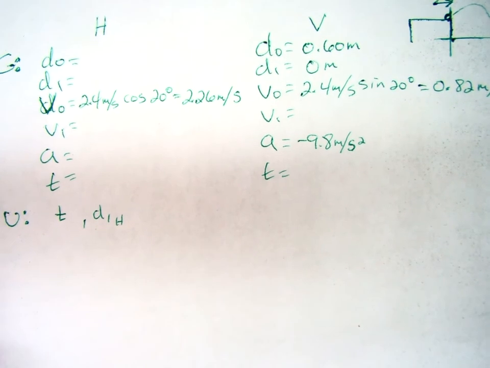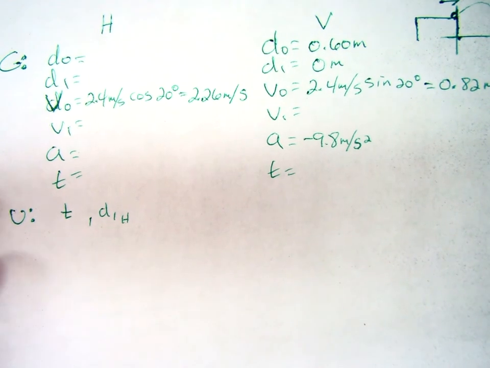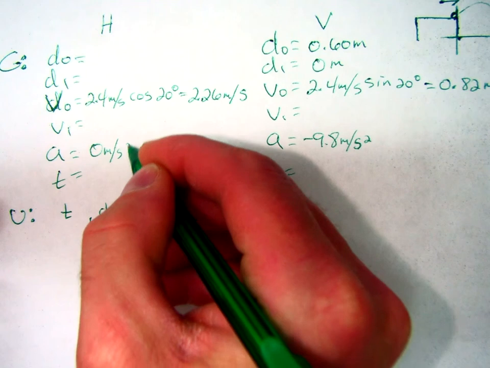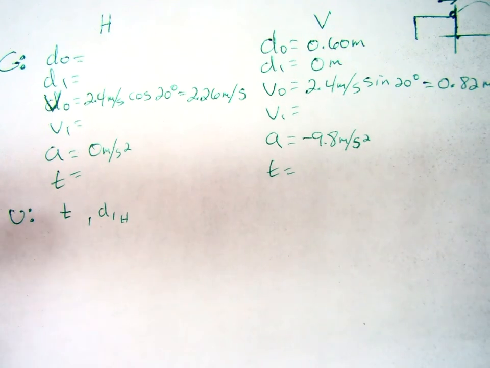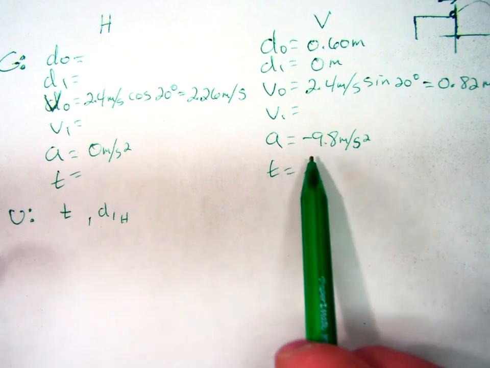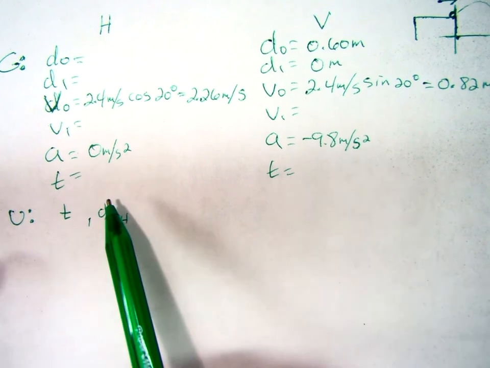So we have our givens, and we have our unknown. Horizontally, it does not mention air resistance. It doesn't give you a value of anything pushing or pulling in the horizontal direction. And so the acceleration horizontally is 0 meters per second squared. This is a big stumbling block for students. They want to put negative 9.8 both horizontally and vertically.